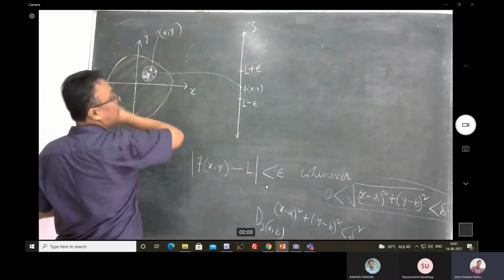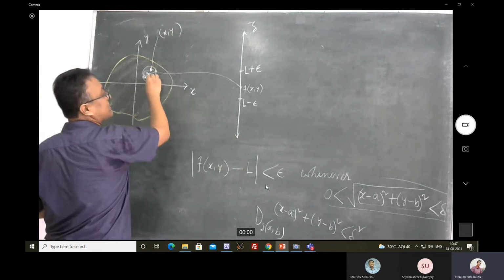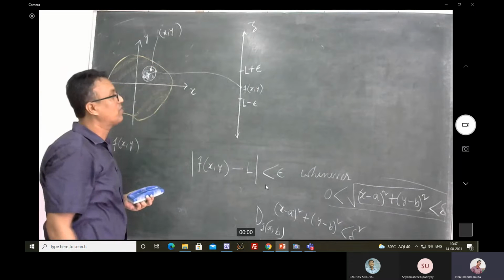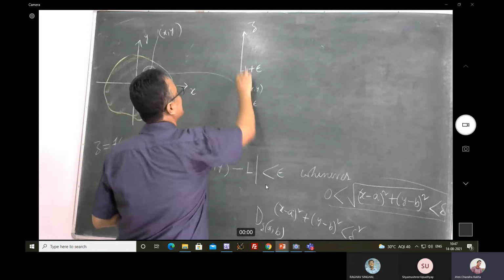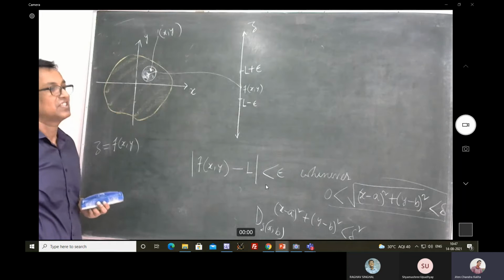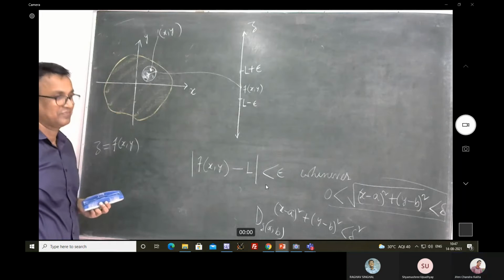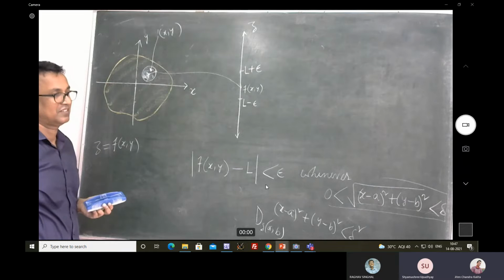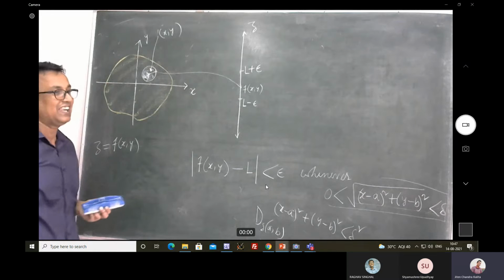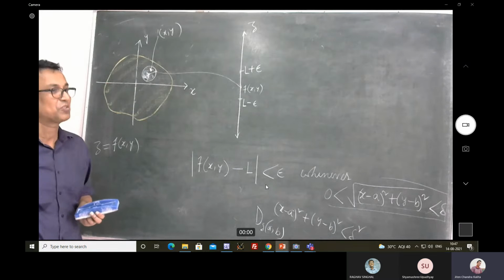So for all xy lying in this circle, f of xy must lie in this interval. Is it okay? Yes. Fine. I still haven't written in exactly L.